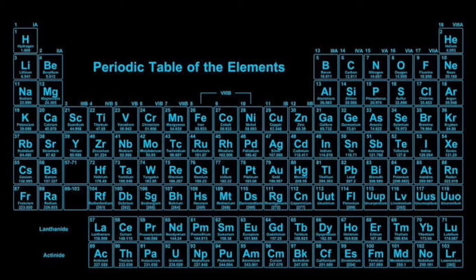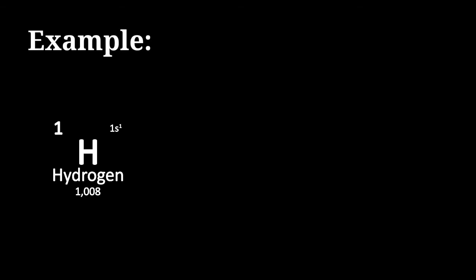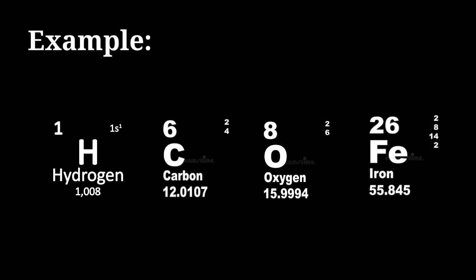This atomic number tells the number of protons in the element. The number of protons is fixed; it never changes. For example, hydrogen has atomic number 1, which means 1 proton, carbon has 6, oxygen has 8, and iron has 26.